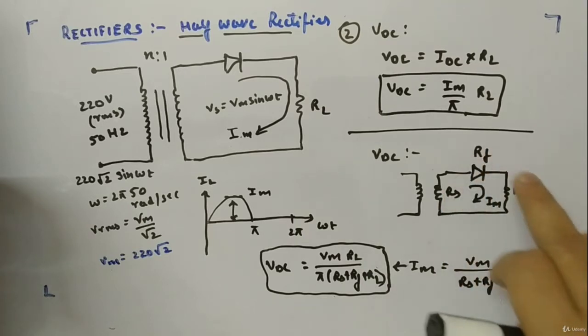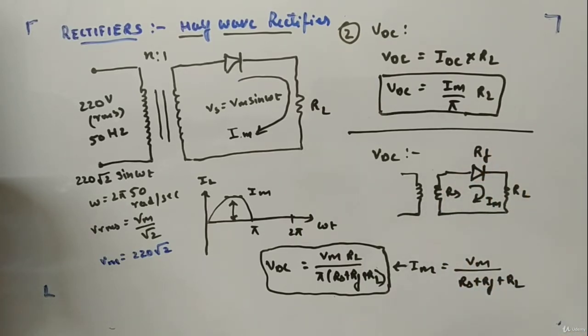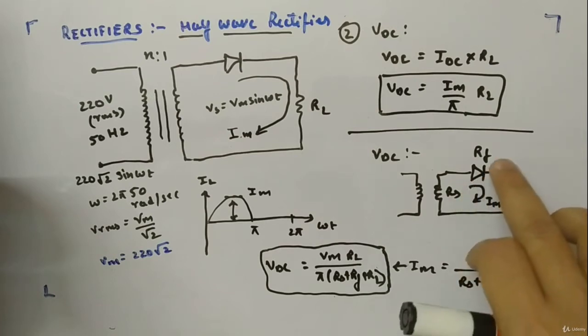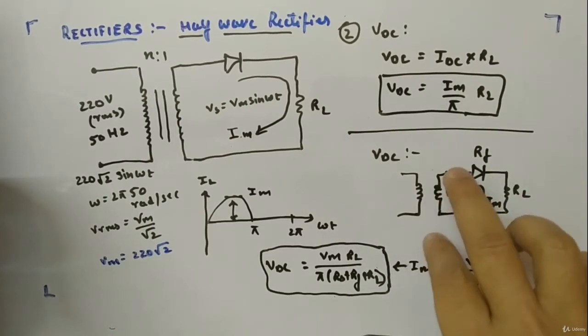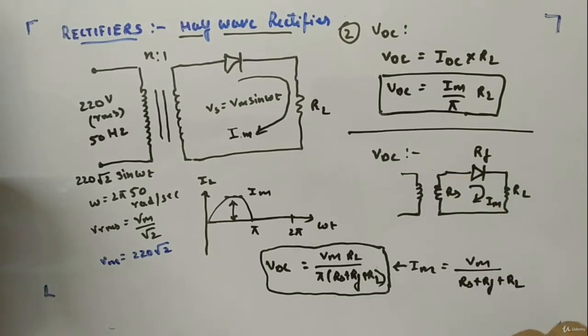So total resistance will be Rs plus Rf plus RL. Current is Im, and maximum voltage will be Vm across this circuit. So Im can be written as Vm divided by Rs plus Rf plus RL. Vm divided by total resistance, voltage upon resistance is equal to current. Okay, this is what we get.